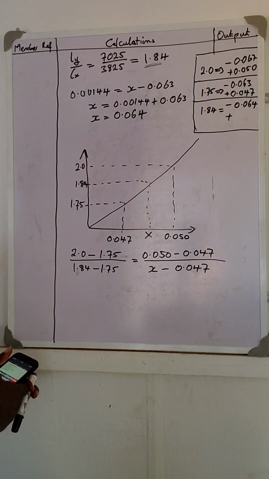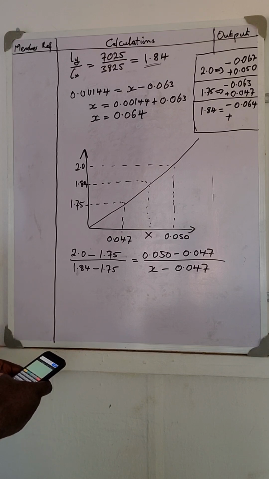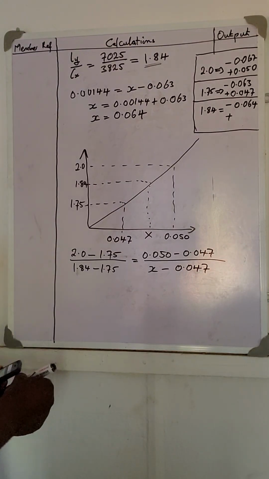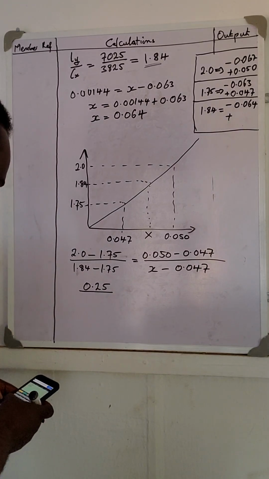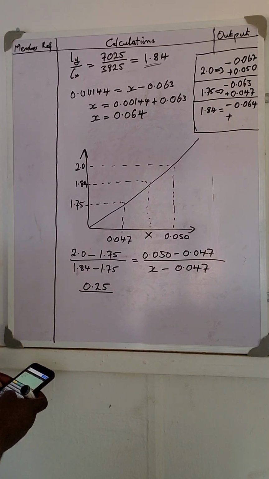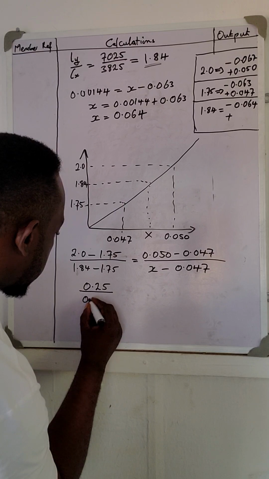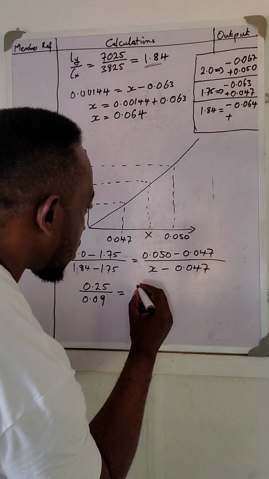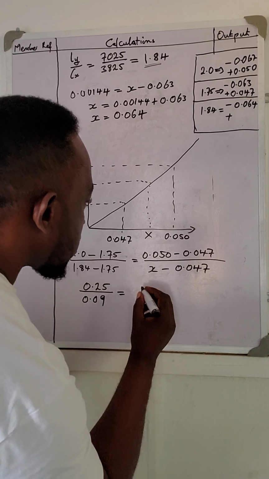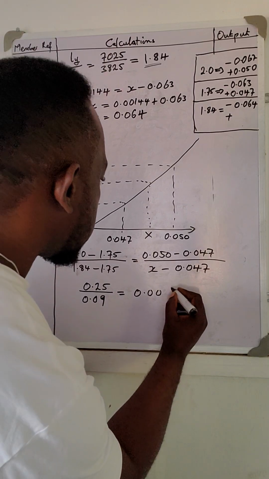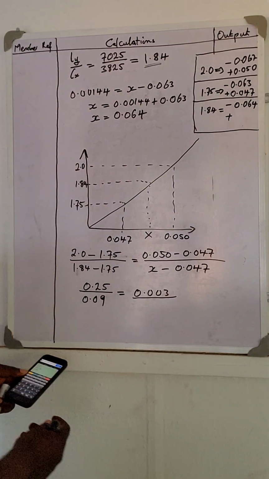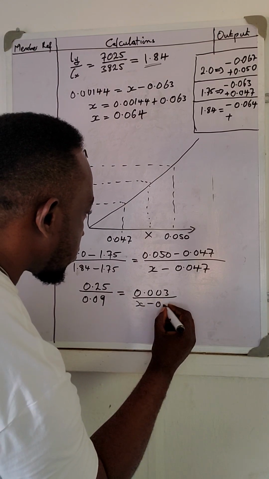This one will give me 2 minus 1.75, that will give me 0.25 over 1.84 minus 1.75, 0.09, is equal to this minus this, 0.003 over x minus 0.047.